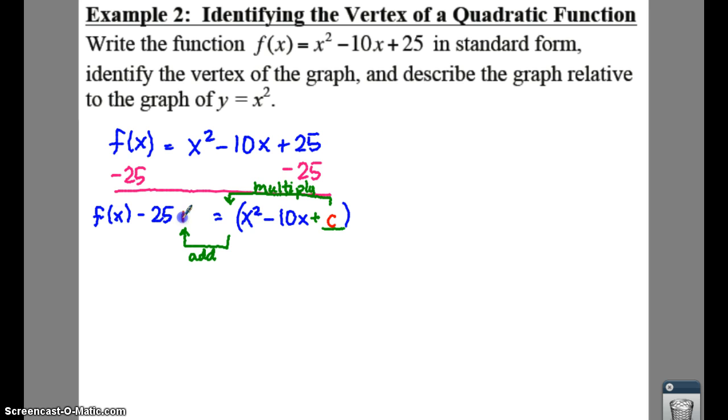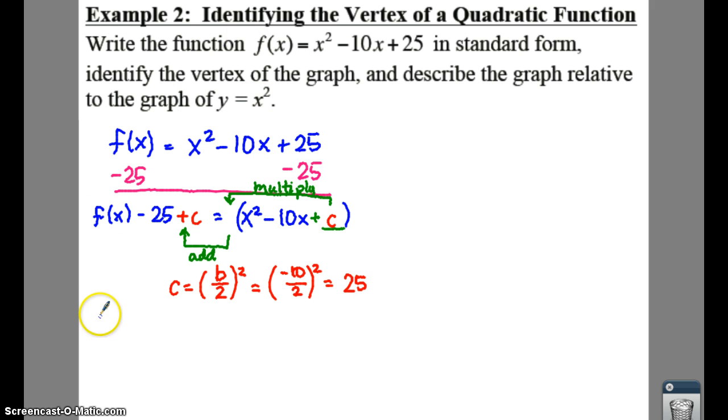To find out what c is, you are going to have to take half of your b. Well, b is the number in front of your x term. You're going to divide by 2, and then you're going to square it. So in this case, our b is a negative 10, and we're going to divide that by 2 and square it. So negative 10 divided by 2 is a negative 5. Negative 5 squared is 25.